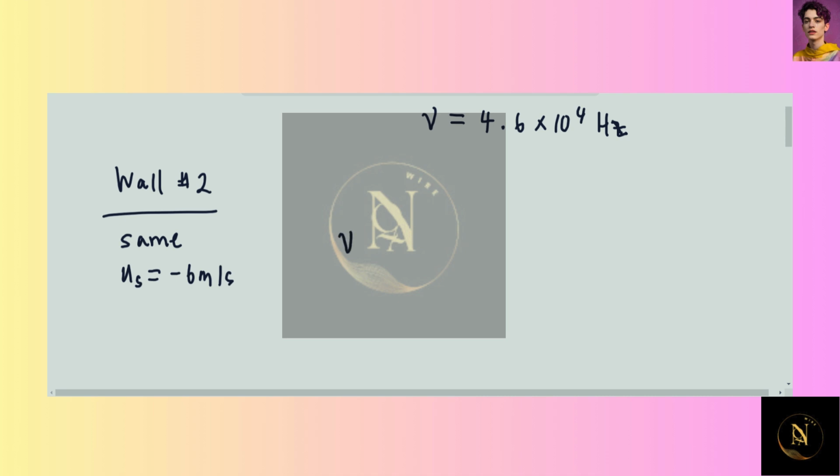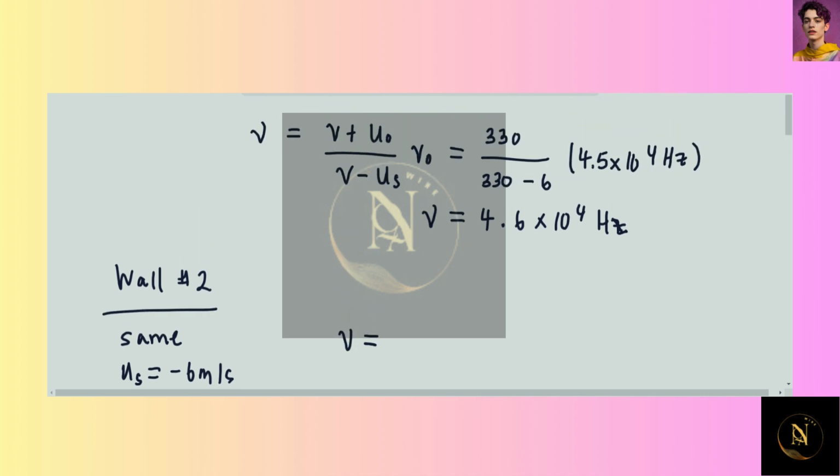So we're going to use that exact same formula, but this time we're going to use a negative for US. So it's going to be plus 6 because minus 6 gives us a plus. So this time we're doing 330 divided by 336.